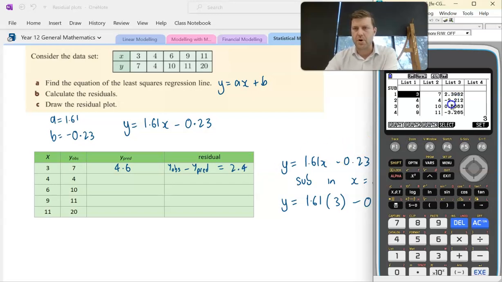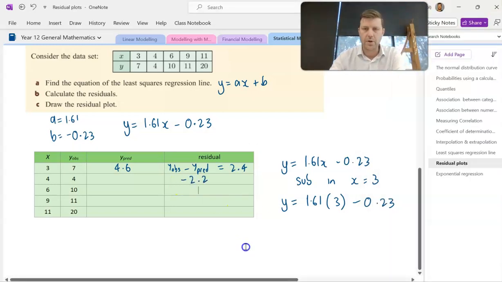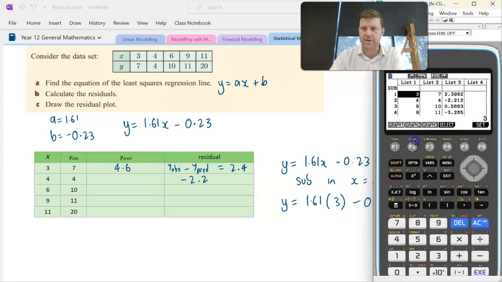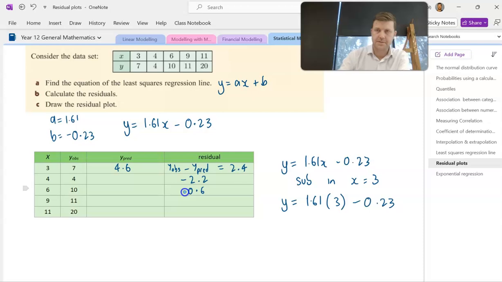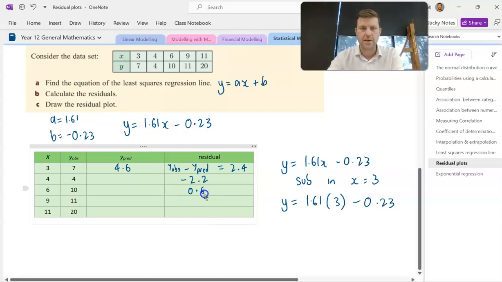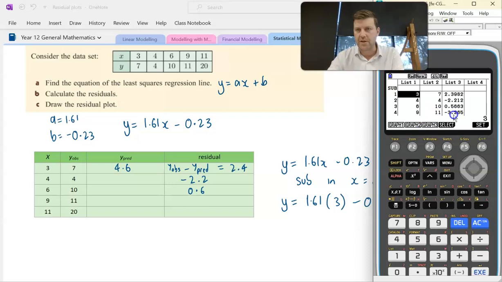The next one is minus 2.2, which suggests that that point is below the line of best fit, or that least squares regression line. For the third set of coordinates, it's 0.6 rounded up, which is slightly above the least squares regression line, or that line of best fit. The fourth value is minus 3.3.